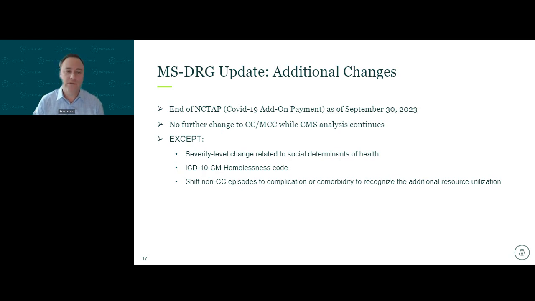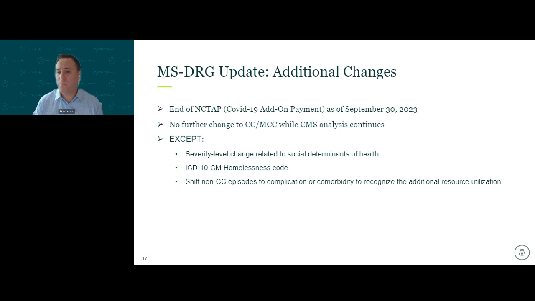CMS also made note that they are looking at the complication comorbidity and major complication comorbidities to determine if those are currently identifying proper resource usage. That analysis will continue. So as they continue to do that, they're making no changes, except they are making a change to the severity level for cases where 3 particular homeless codes are used in the ICD-10.